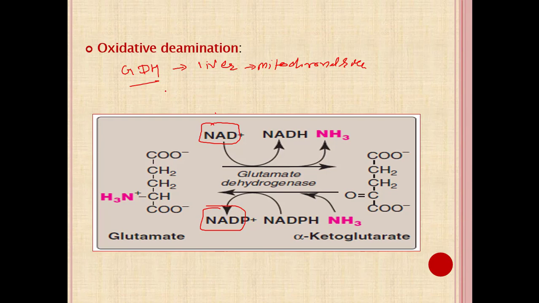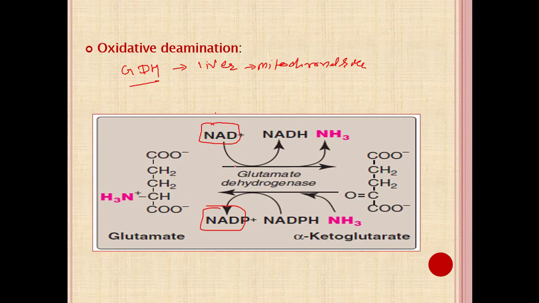Its second peculiarity is that the same enzyme utilizes either the NAD or NADP variant. The reaction is bidirectional depending on substrate availability. Glutamate is converted into alpha ketoglutarate and releases ammonia, or alpha ketoglutarate accepts ammonia and is converted into glutamate.